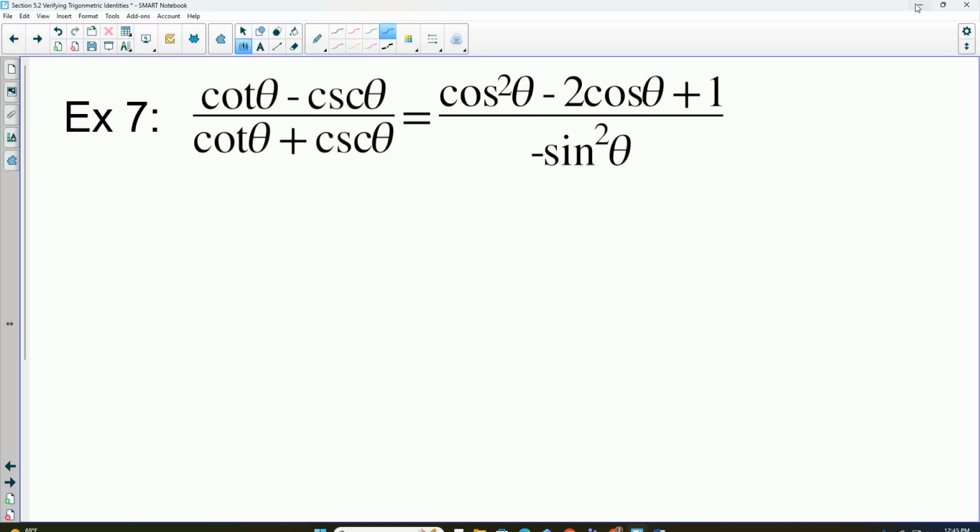Which one do you want to try to box in? Now, if we can't get it, we now know we can come back and work this side. But if I box in the left, any thoughts about what we could do on the right-hand side?